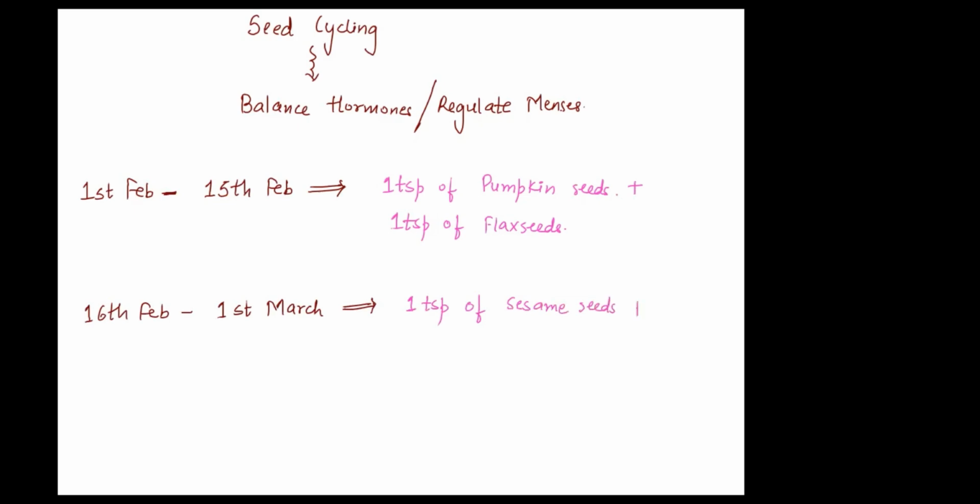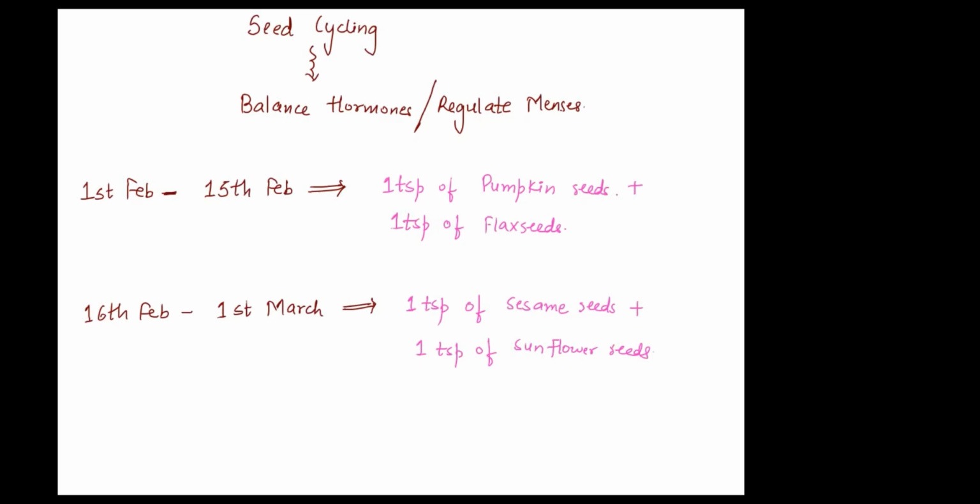Along with that, 1 teaspoon of sunflower seeds. Now, this can be consumed in any form. Either you are munching it, or mixing it in a smoothie or something. It can be anything, but it should be consumed within the 15 day cycle.